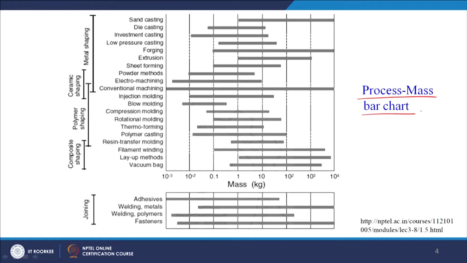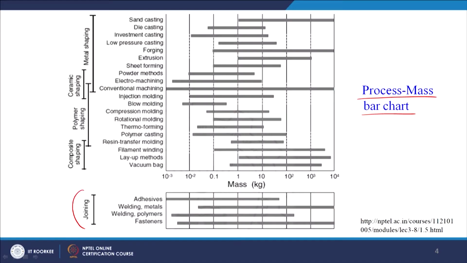Different processes are given here, and as we have seen, bulkier parts like an aeroplane can be made by joining processes also. So the joining is also listed here, as we have seen in the previous slide. And then we have sub-categorization of the shaping processes. So we have metal shaping, we have composite shaping.